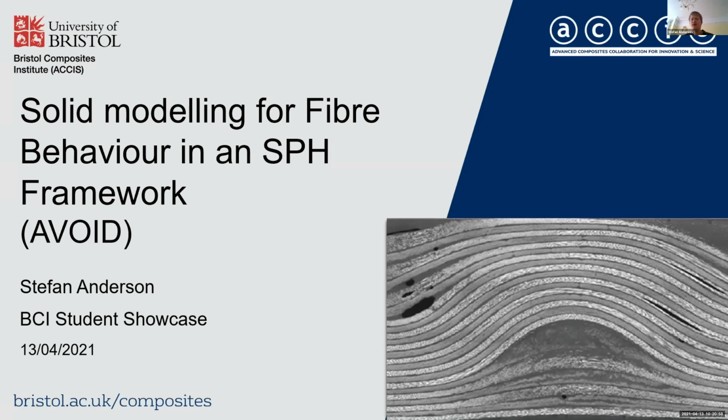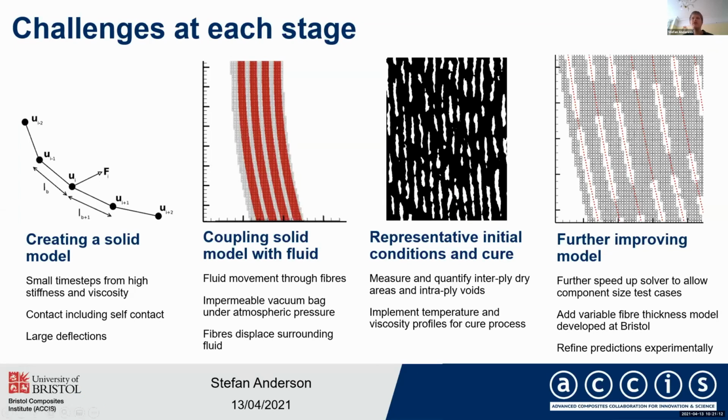If you get all that right, then hopefully you'll have a tool where someone gives you some process parameters and we can run a simulation and tell you the exact sort of void distribution you should expect from your process. So that's the aim. What I'll talk through today is a brief overview of some of the challenges I've had at each stage of that process, and then what's coming next.